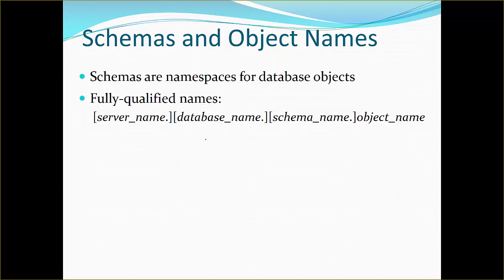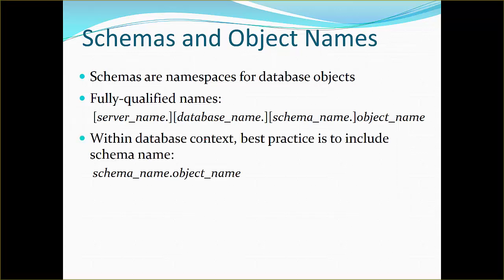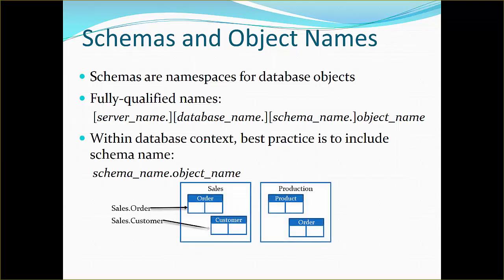So what is the use of this schema that we talk about? Let's say in a situation where you have a database design where there are departments. Like in this particular example, you have the sales department and then you have the production department. Both the production department and the sales department have a concept of an order.